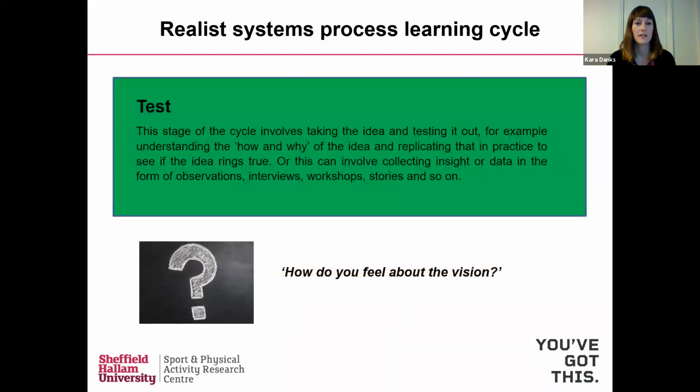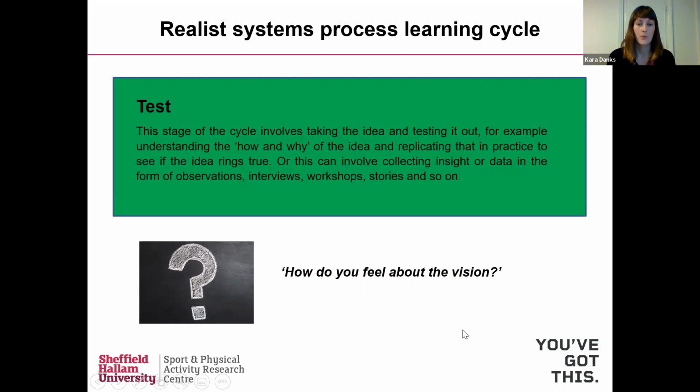And then moving forward to testing that out. The testing out stage is thinking about the hows and whys from a realist perspective, thinking about whether that rings true in practice. It could involve collecting insight or data in the forms of observations, interviews, or workshops, and so on.